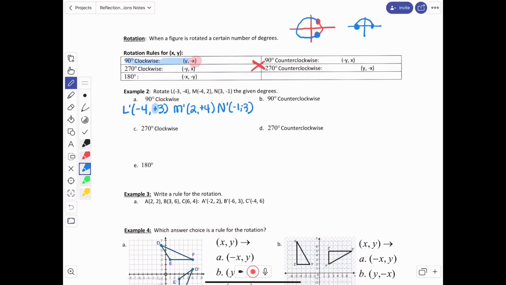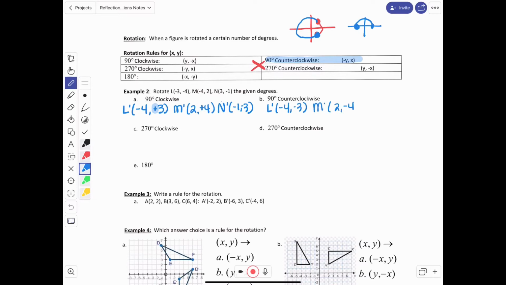And this 3, I need to make negative. And so those are my final answers. Okay, all right. Now, if we go 90 degrees counterclockwise, I'm looking at this rule here. I'm still going to switch them, so I'm doing -4, -3.